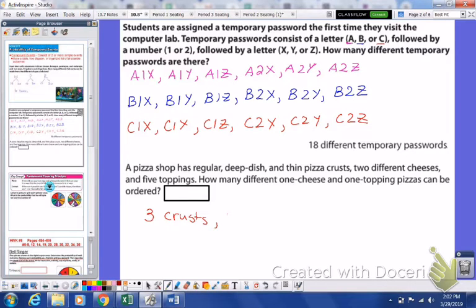We have 2 cheese to choose from, and 5 toppings to choose from. So right away I see that this one's going to be even longer. So before we figure this out by making a list or making a table or making a tree diagram, make sure you remember that those are options.